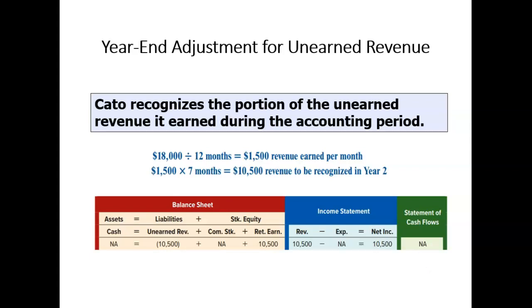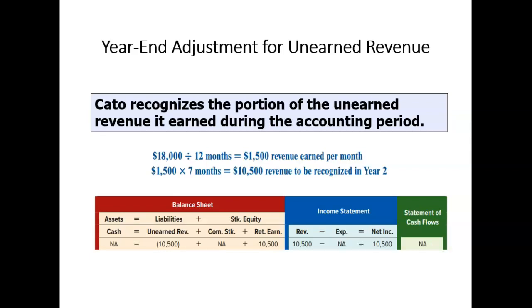Let's assume it is the end of year two. And we're saying how much of that 18,000 have we actually earned by the end of the year? Well, let's see. That 18,000 was for a 12-month period. Therefore, you're going to earn $1,500 per month. Now, from June 1st to December 31st is how many months?